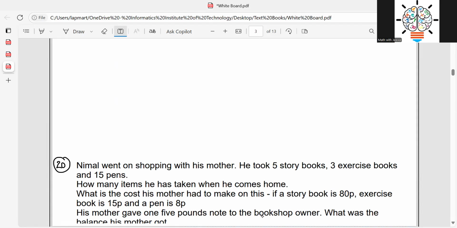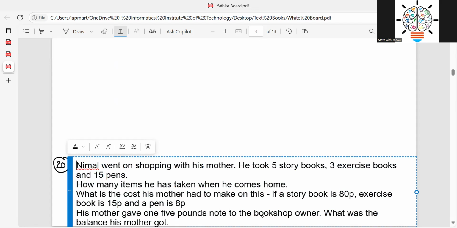One exercise book is 15 pence, right? So you want to check that here.